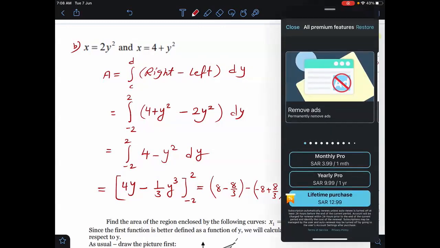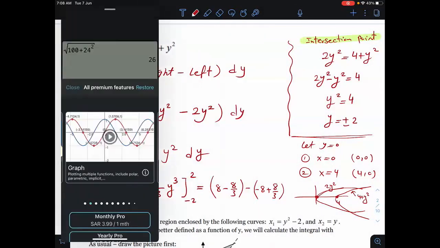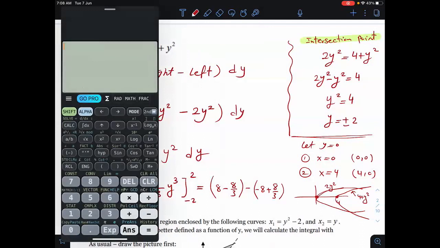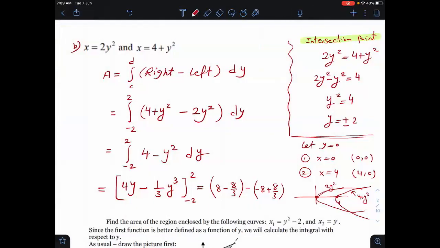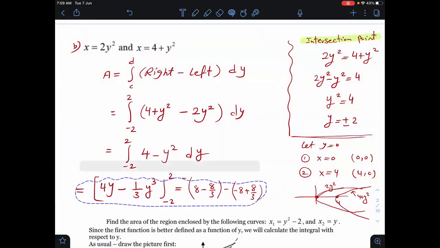So we have 16 minus 16 over 3. It's 32 over 3. Okay, so the area here is 32 over 3.